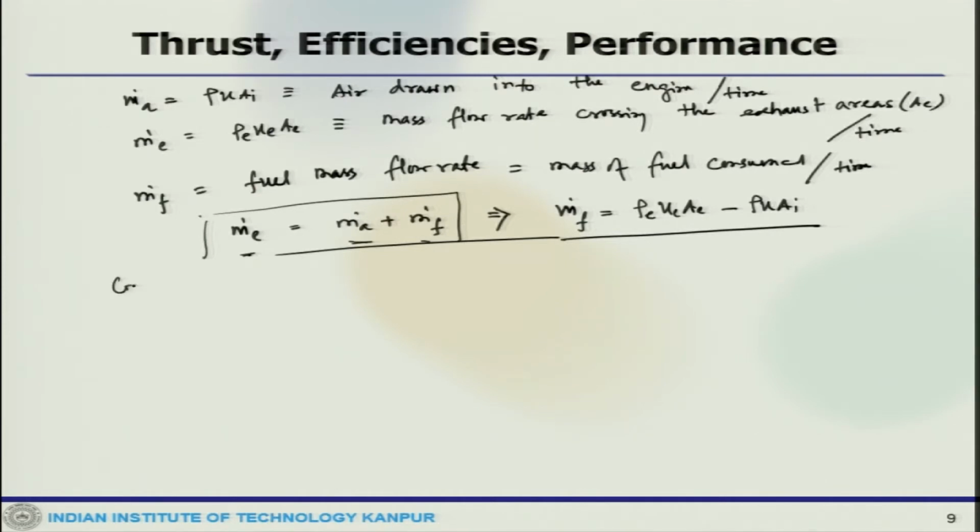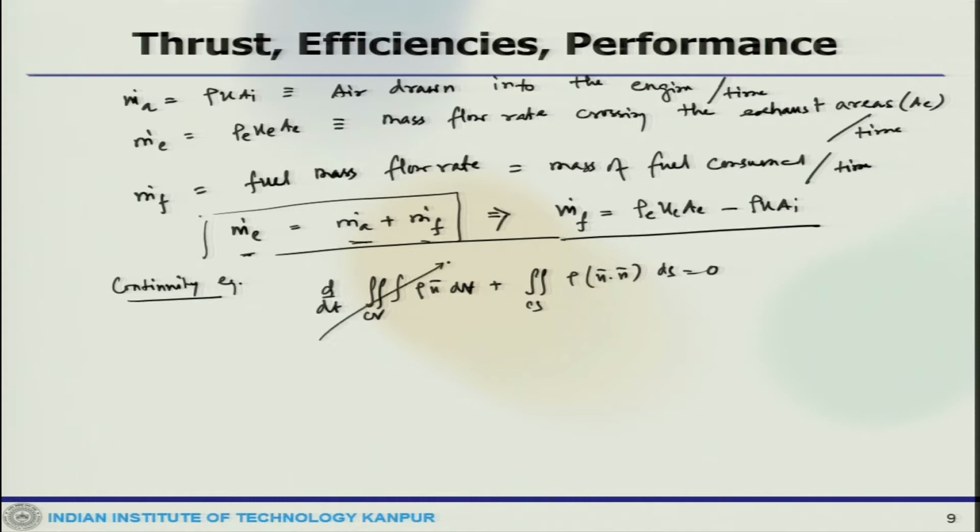Now, we write the continuity equation. Okay. So, we write the control volume integral of rho E dV plus the control surface integral of rho u dot n dS equals 0. Now it is steady, so the first component would not contribute, and we get only the second component.